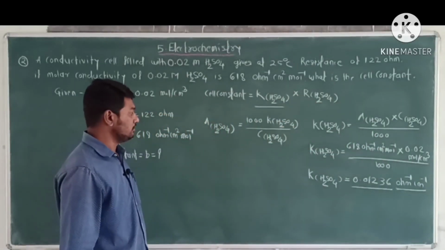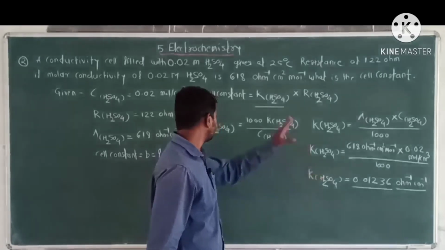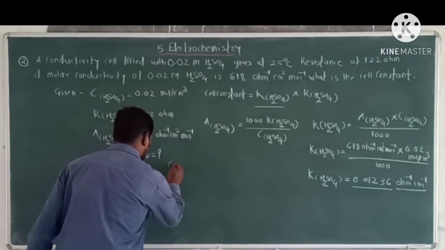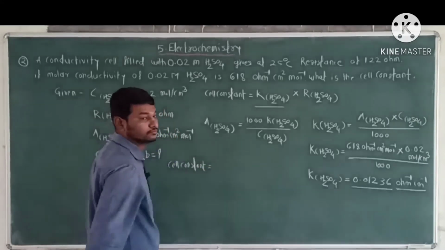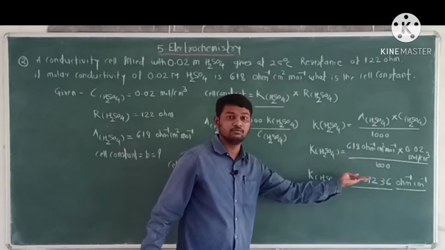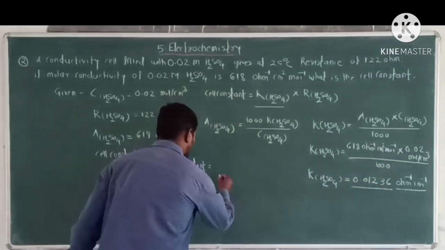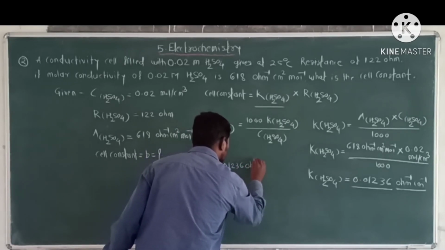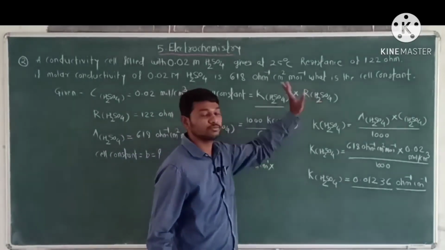Okay. Now after that, use this conductivity of sulfuric acid and calculate the cell constant by using this equation. Now cell constant is equal to conductivity of sulfuric acid, which is 0.01236 per ohm per centimeter, into resistance of sulfuric acid.